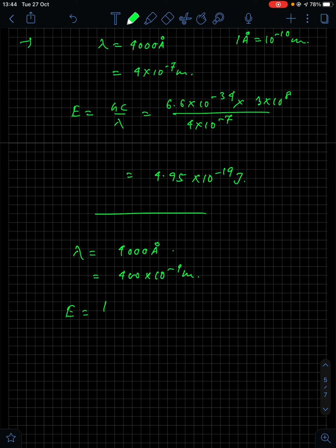So E equal to, we'll be using that relation, 1240 into 10 to the power minus 9 divided by lambda, whose value is 400 into 10 to the power minus 9. Now your answer will be in electron volt directly. So 1240 divided by 400 will get you how much? 3.1 electron volt.